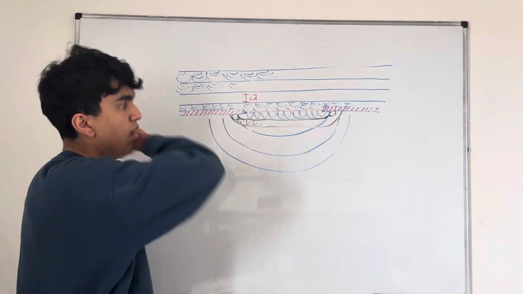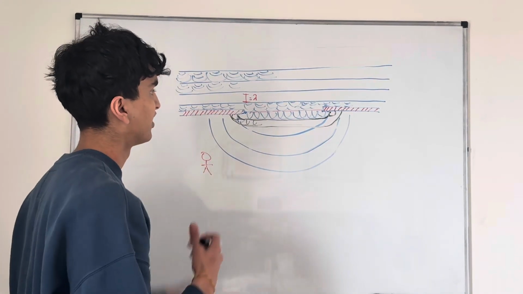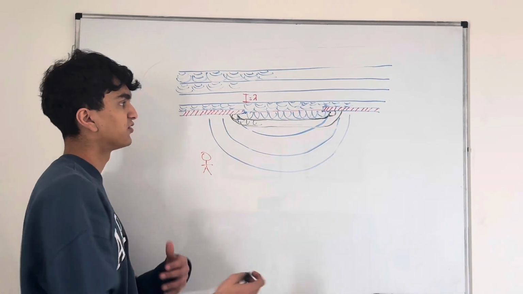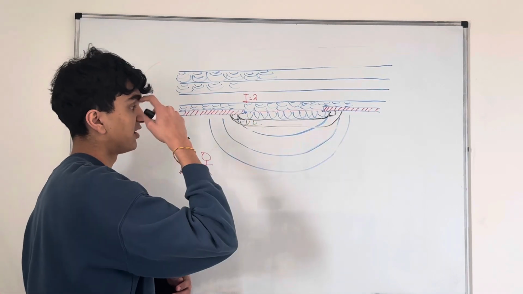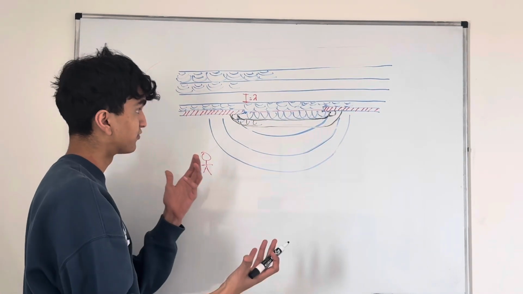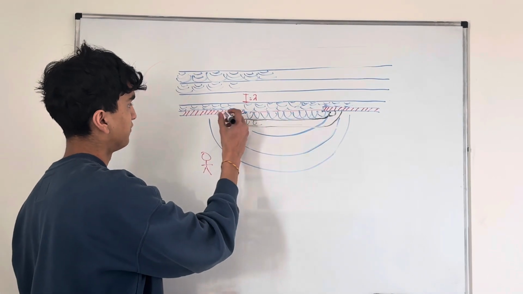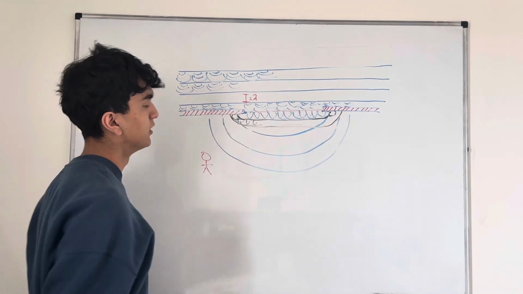And excuse me, wavefronts are just the result of connecting all of those wavelets together by the tangents to create wavefronts, and you get this curving effect as a result.